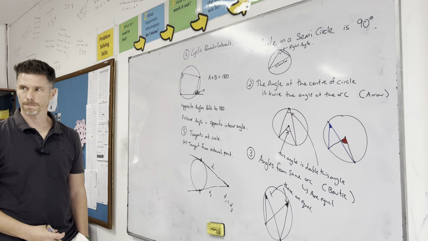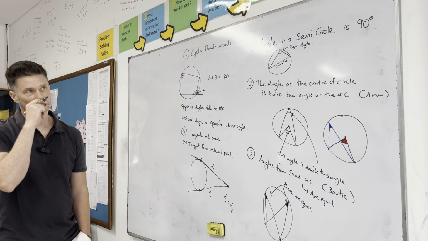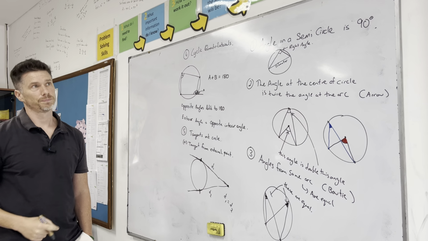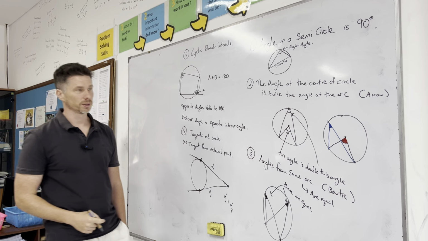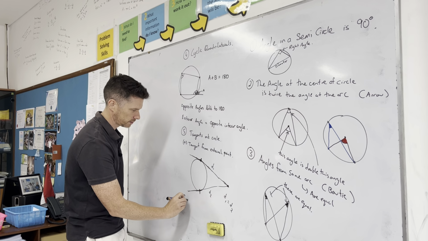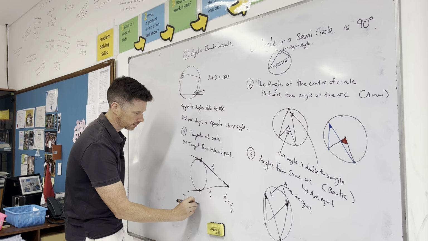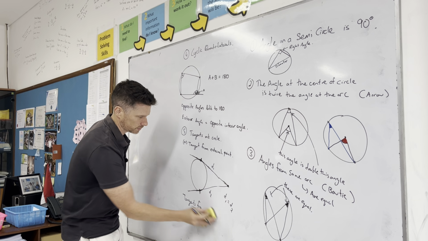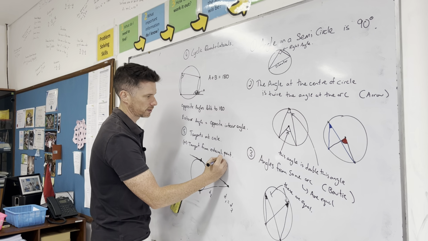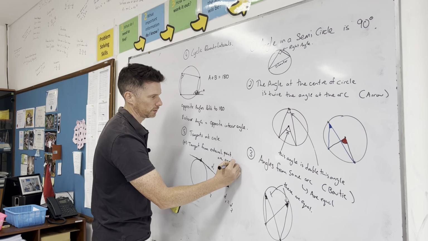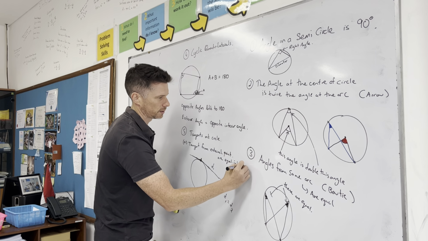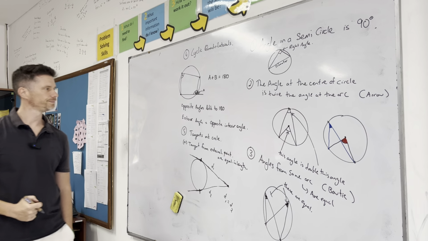Can you write that in word form? Tangents from an external point are equal in length. I'll write it. My writing's very messy.